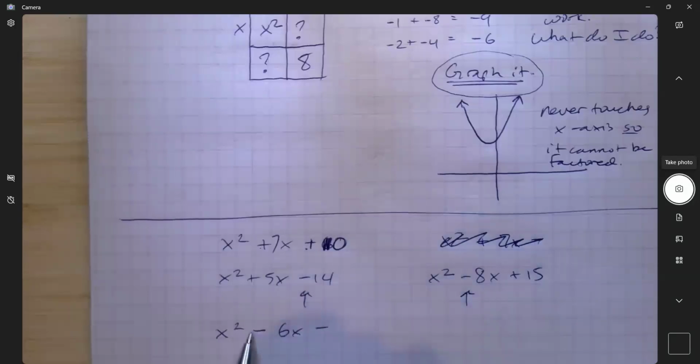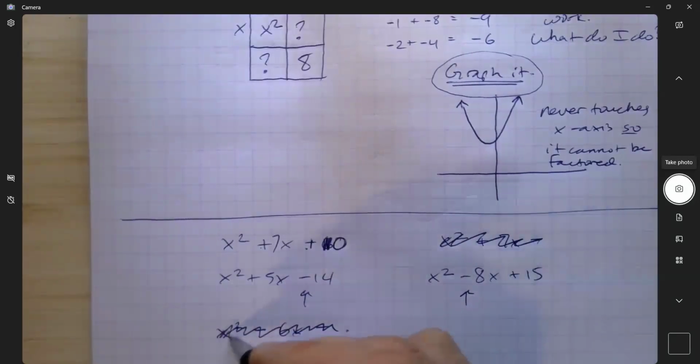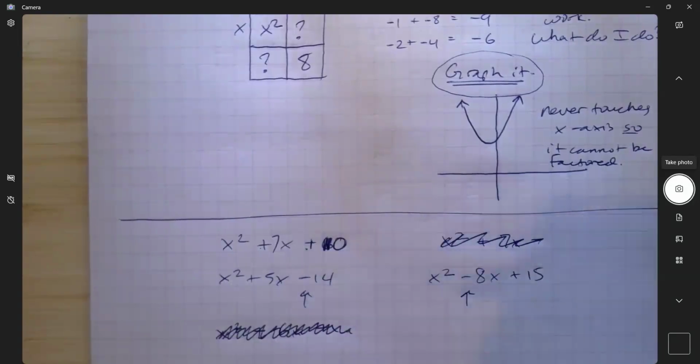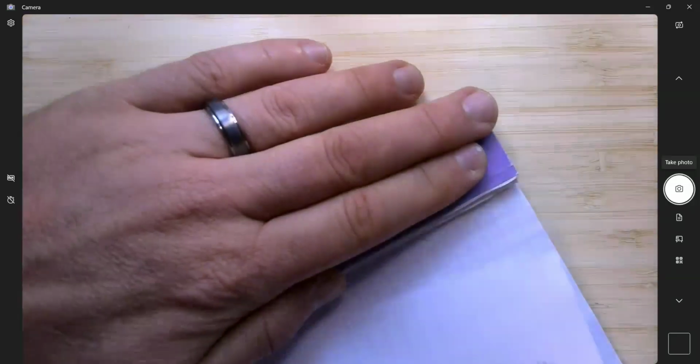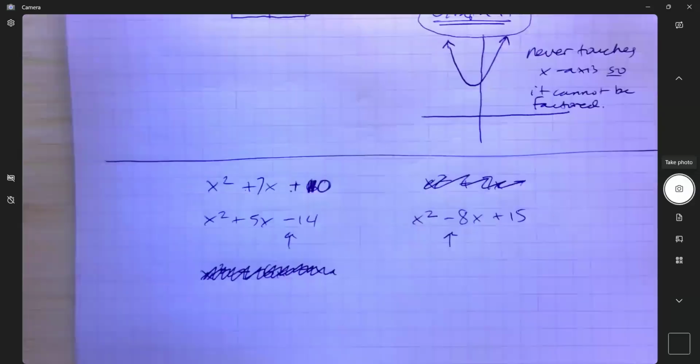If I have these two negative, then, pause. All right, I scribbled this out because I was about to talk about something and decided I didn't like what I was saying. So you may have noticed the video is edited just a little bit.